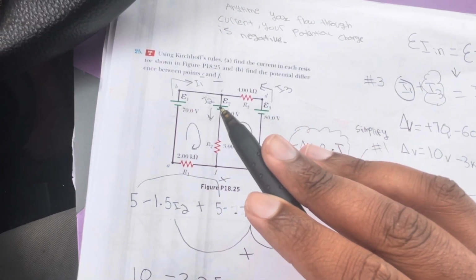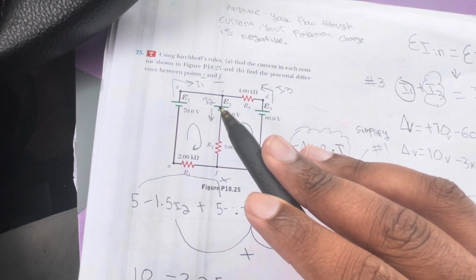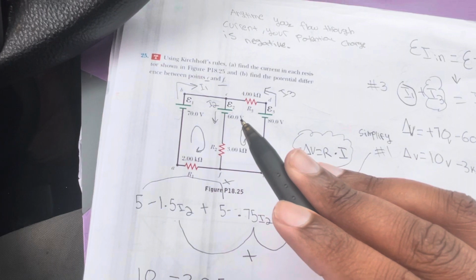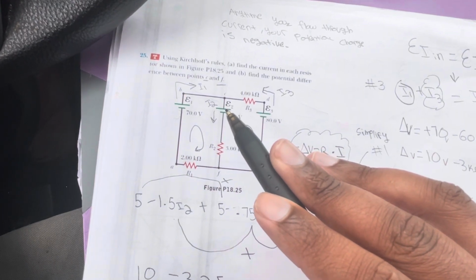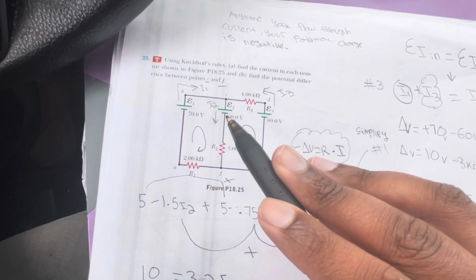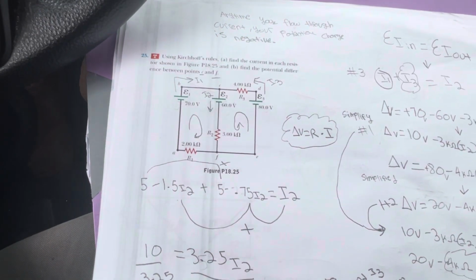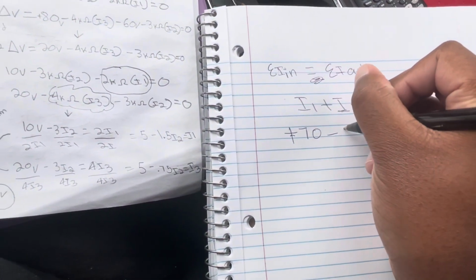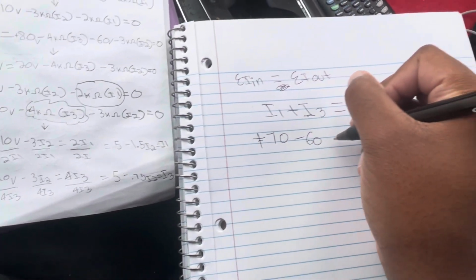Now we're on current 2. 60 volts, but this is going from positive to negative, so it's going to be 70 minus 60 volts.